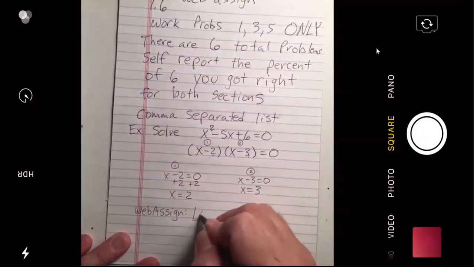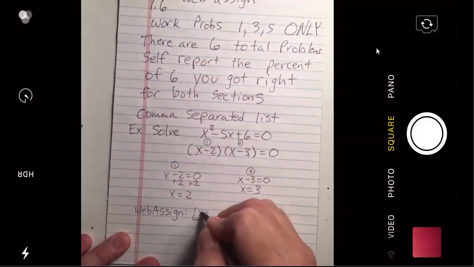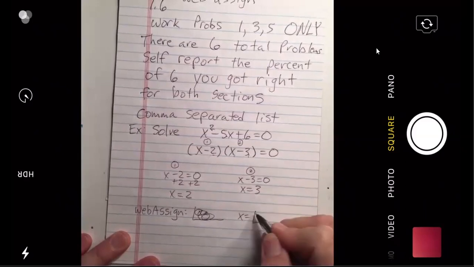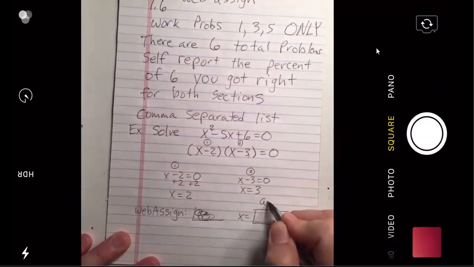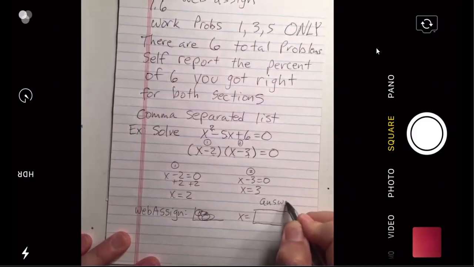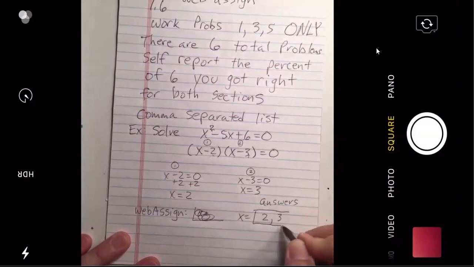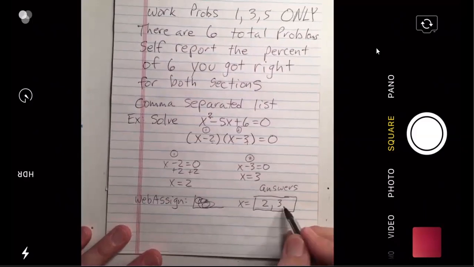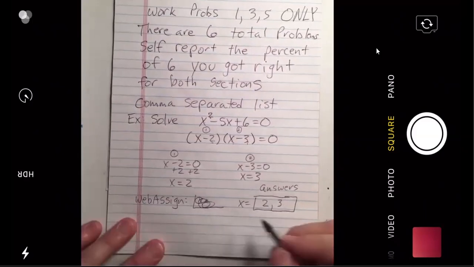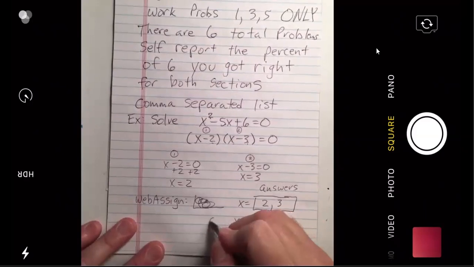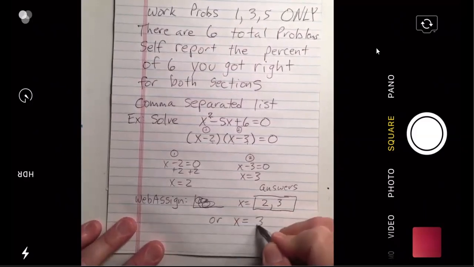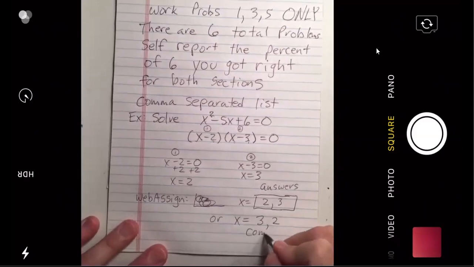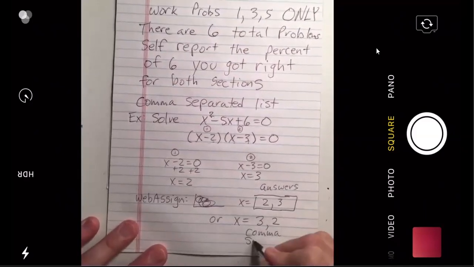I think they put the x equals in the box, or they might have the x equals and then the box. Can't quite remember. But you would report your answers like 2, 3. That is your comma-separated list. The order you do it shouldn't matter. You should also be able to go 3, 2. This is called your comma-separated list.